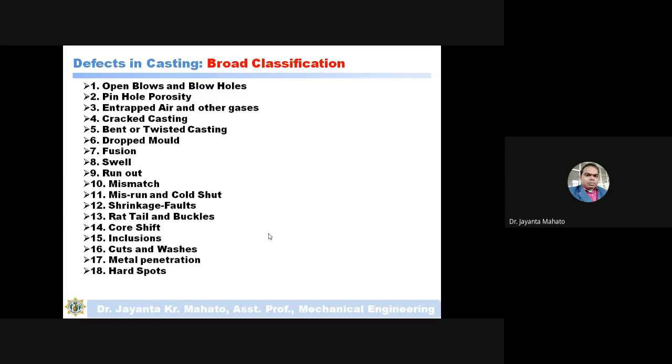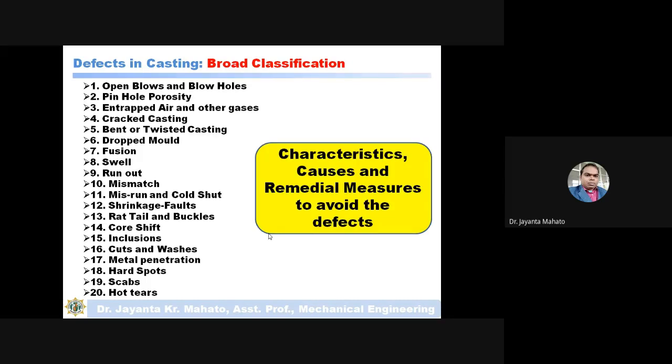So, a lot of casting defects are there. These are common casting defects. Some of these we will discuss in the next class, along with their characteristics, causes, and the remedial measures to avoid those casting defects.